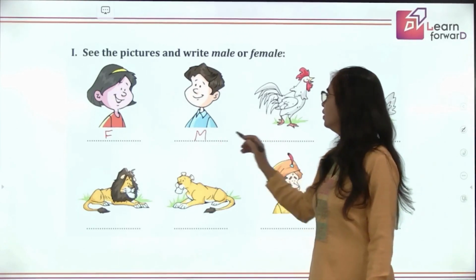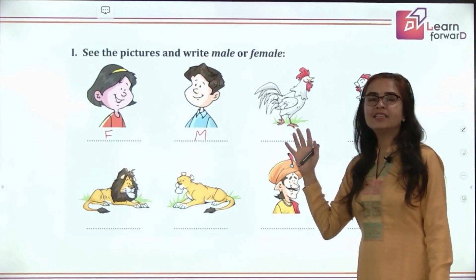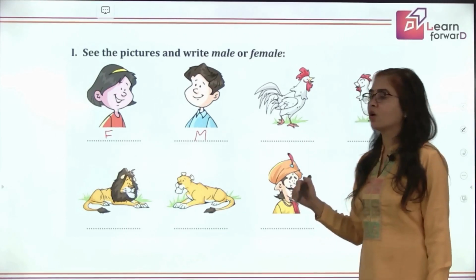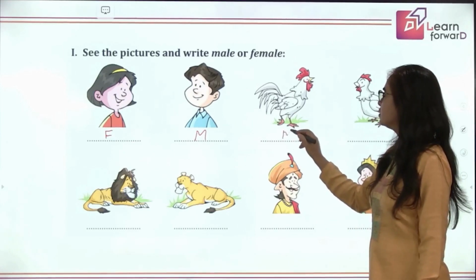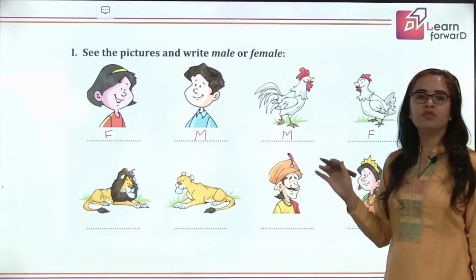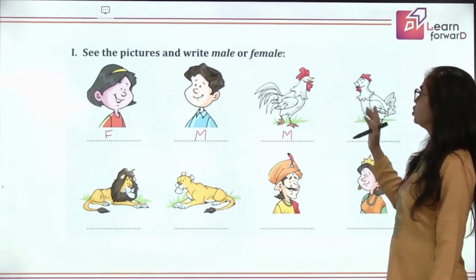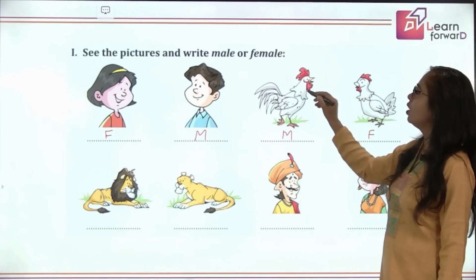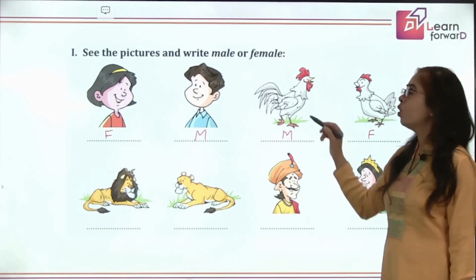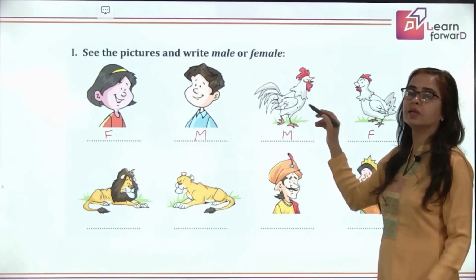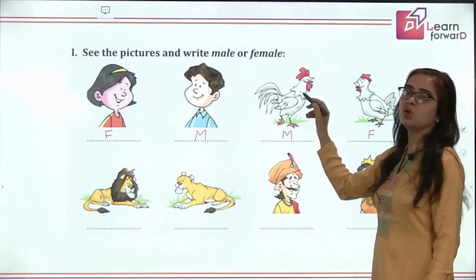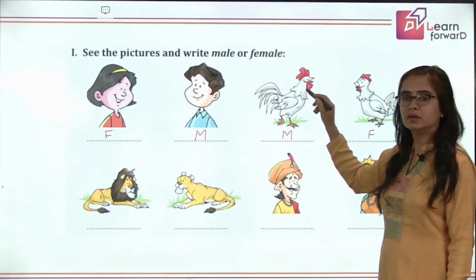Good. What about this? Is it a cock or a hen? Okay, tell me. It is a cock. And what is the difference? Cock is a male and hen is a female, children. See, look at these pictures. Can you see? This is called the comb of the hen or the cock. A cock has a bigger comb, the skin that hangs down its beak, and it has a bigger comb.